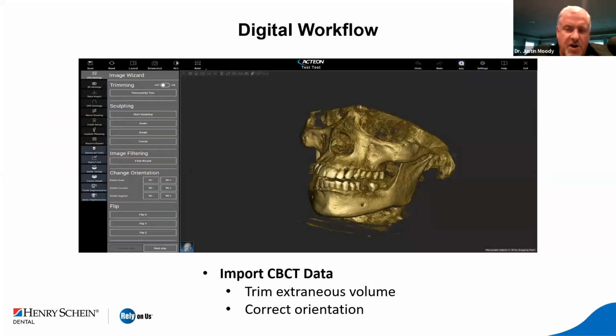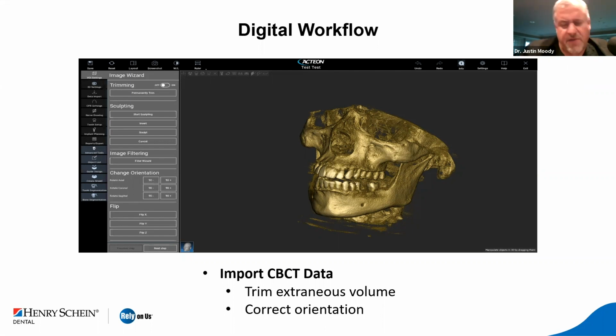Now, the digital workflow starts for us within the Action software, and the AIS software is quite intuitive and is actually included in the purchase of the machine. So this is where I was first introduced to the Action software. Now, I have experience in the 3Shape Implant Studio as well.